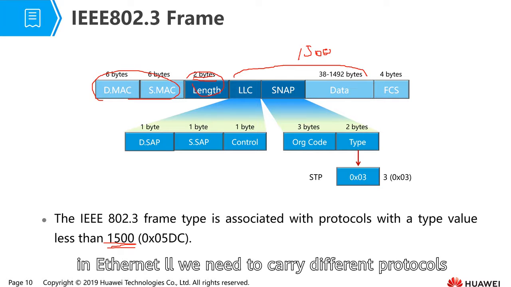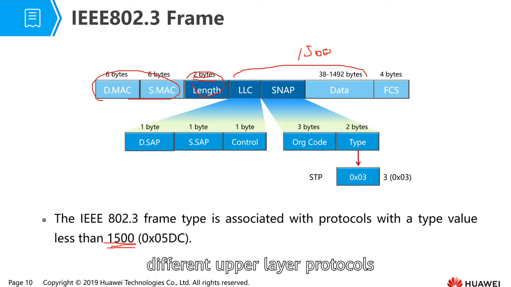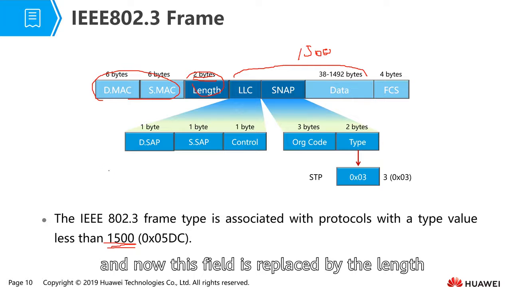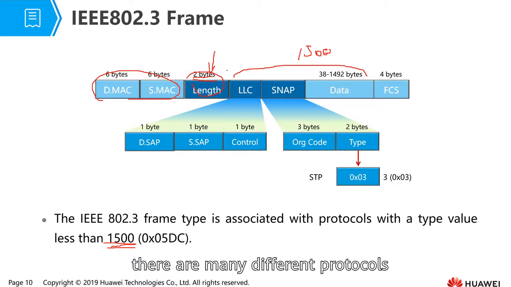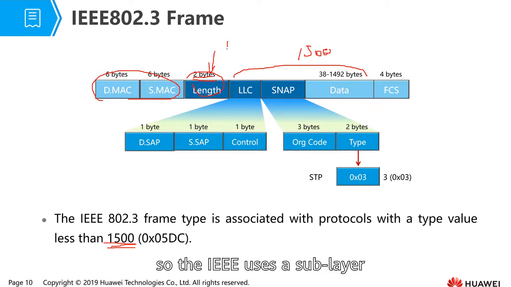Of course, in the Ether2, we need to carry different upper layer protocols. So there's a type field in the frame, but now this field is replaced by the length. Then how to deal with the scenario that there are many different upper layer protocols? So the IEEE uses a sublayer.